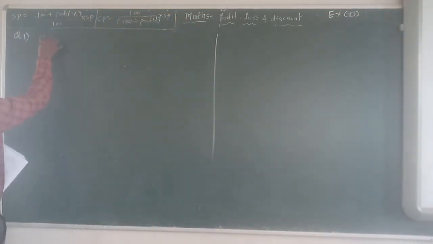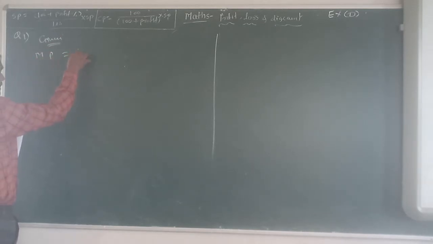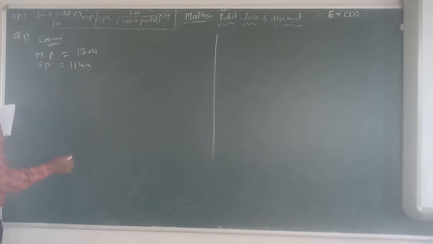First we will write the given things. MP, mark price, is 1300, and sold for, SP, is given: 1144.